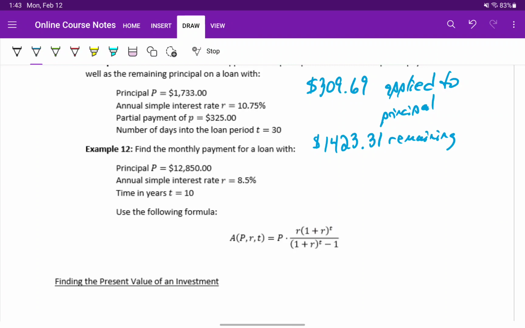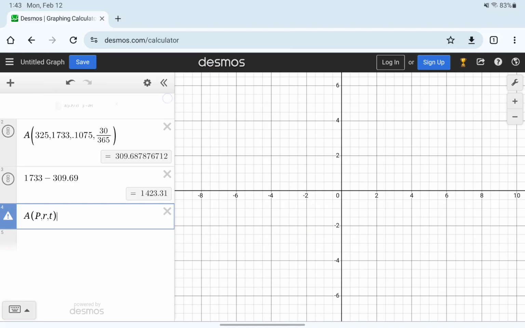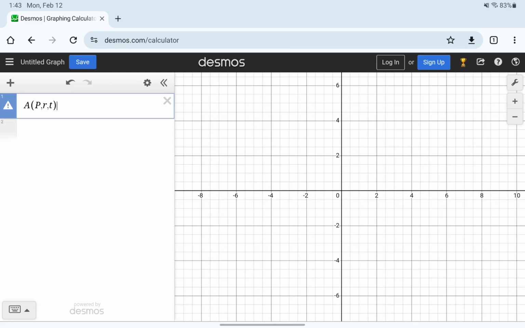In example 12, we're going to look at using a different formula, which is provided for us here, more complicated formula for sure, to calculate the monthly payment for a loan given some specific parameters. Flipping back to Desmos, we'll set that up as A of PRT. And actually, I already have a function named A, so I'm going to delete that work that we already did so that Desmos doesn't get confused.